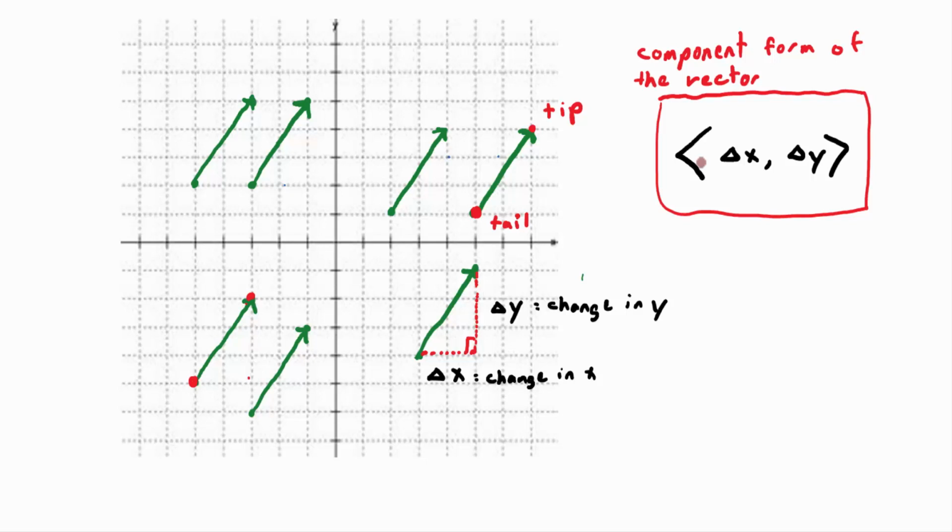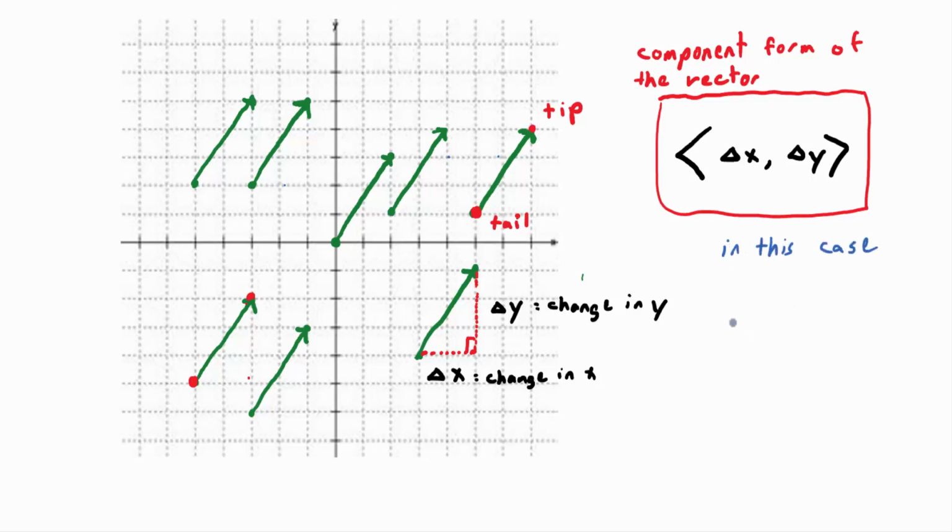Now this is not an ordered pair that you necessarily, it doesn't represent a point that you're used to, right? However, if you plot one vector in particular where the initial point, the tail, is 0, 0, then it does turn out that the tip will be delta x, delta y. In fact, in this case, what is delta x, delta y?